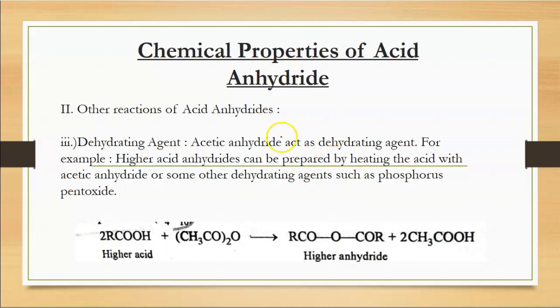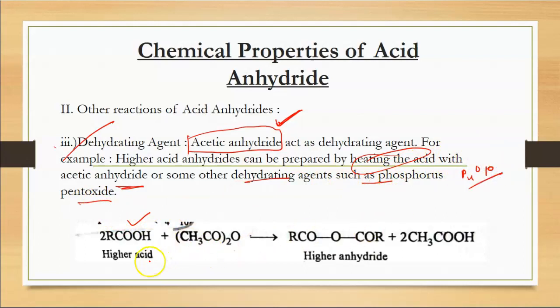And another reaction would be with a dehydrating agent, where your acetic anhydride can act as a dehydrating agent. Okay, you should always remember that your acid anhydride is going to act as a dehydrating agent. You can see over here, higher acid anhydride can be prepared by heating the acid with acetic anhydride or some other dehydrating agent such as phosphorus pentoxide, that is P4O10.